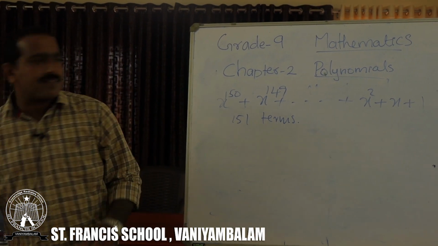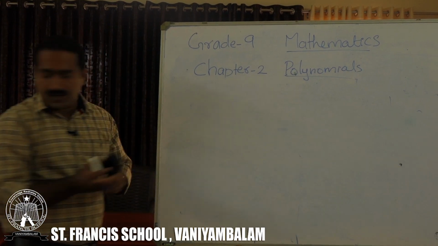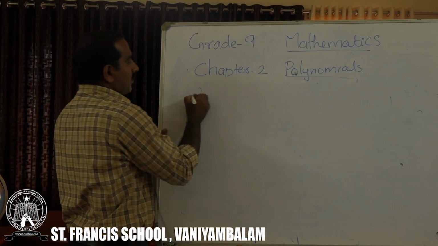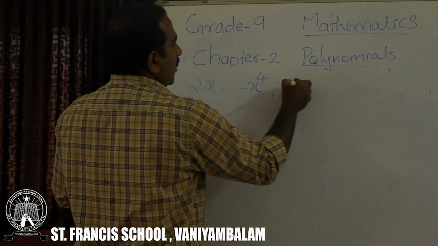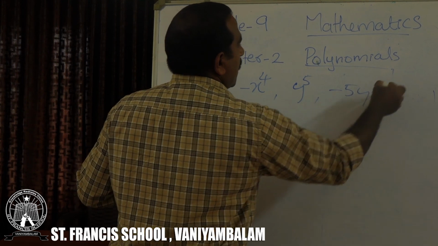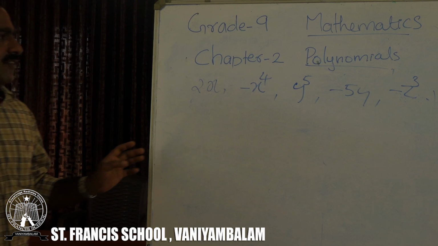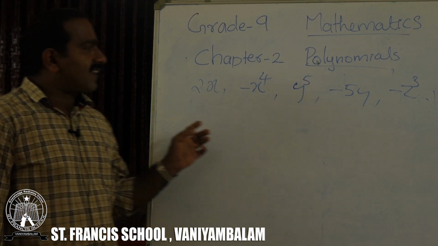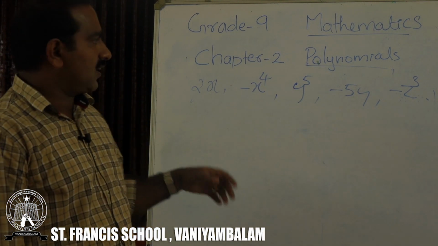Now look at some more polynomials. I'm going to give some polynomials: 2x, minus x raised to 4, y power 5, minus 5y, minus z cube, etc. Look at these polynomials, and here you can see that these polynomials have only one term. Is it clear?